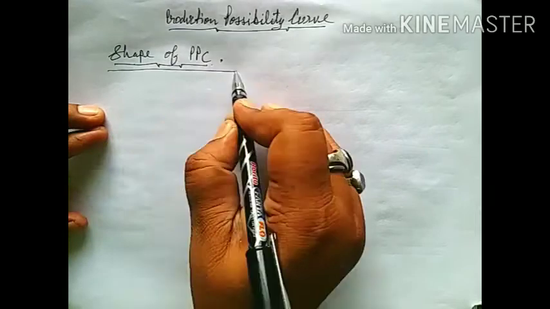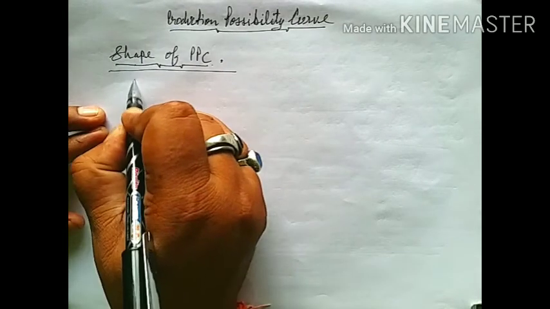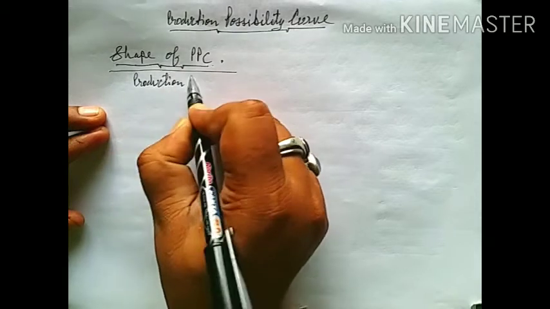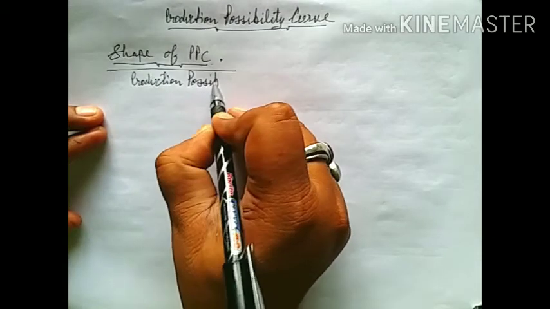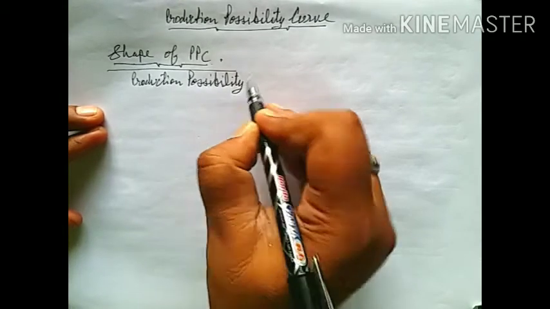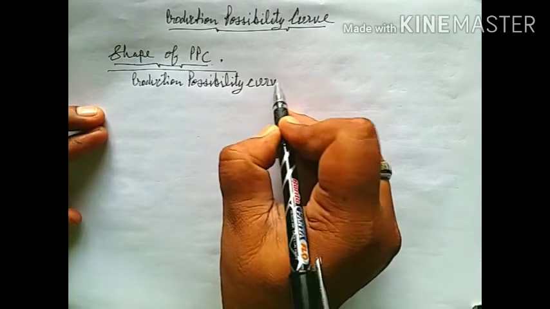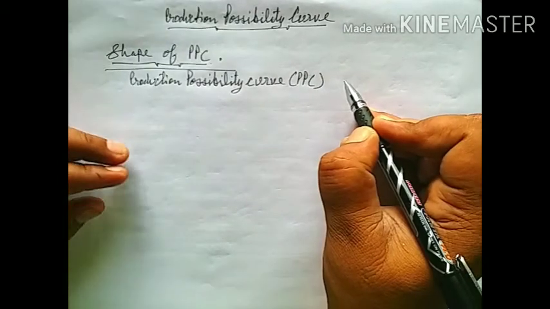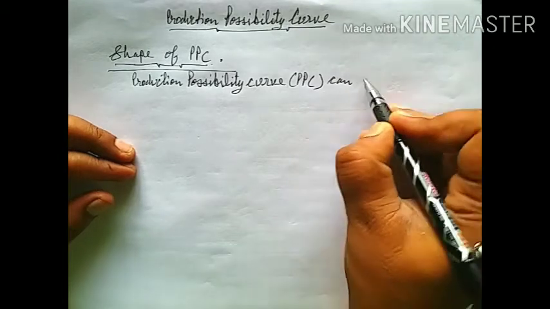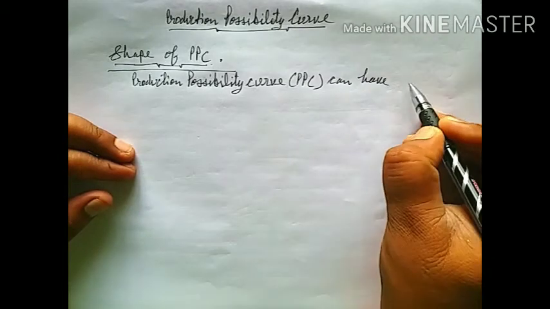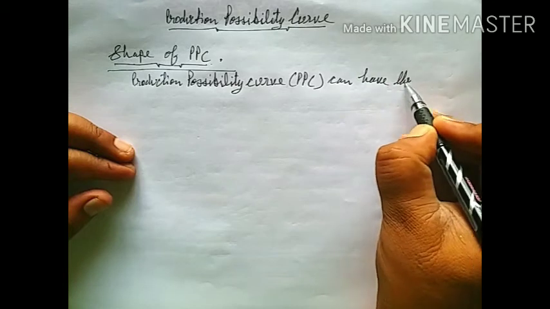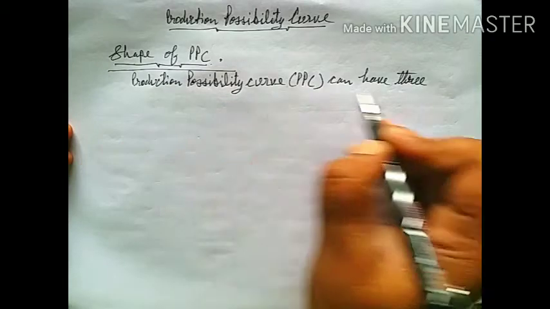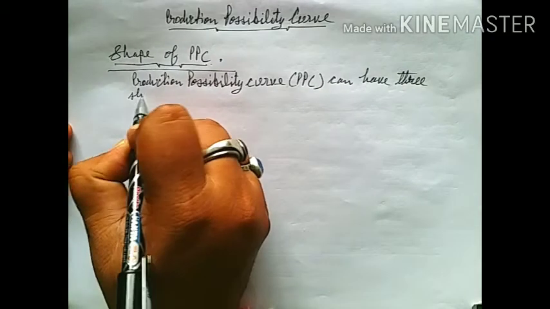Students, a production possibility curve, or PPC, can have three types of shapes.